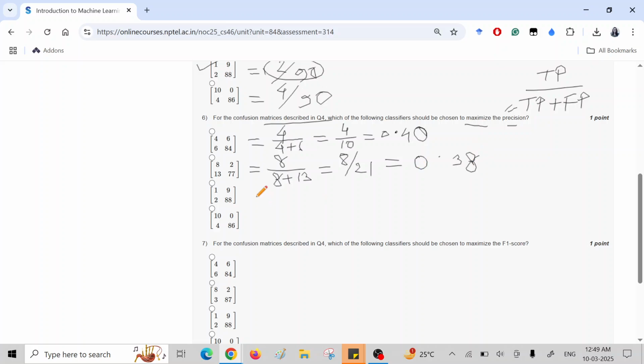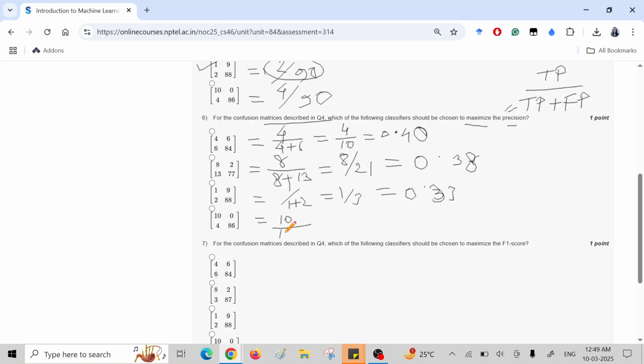Then for the third classifier, it is 1 upon 1 plus 2, which is equal to 1 by 3, which is equal to 0.33. Yes, 33%.